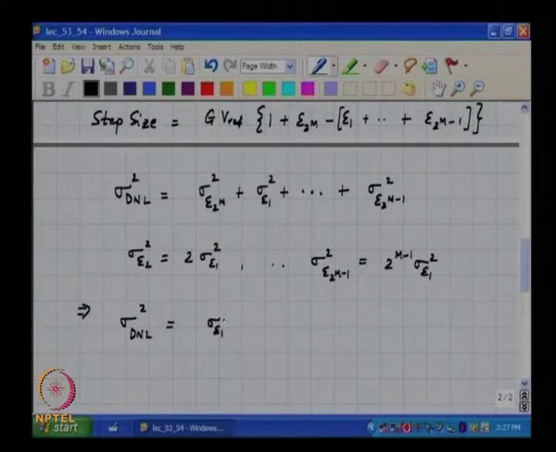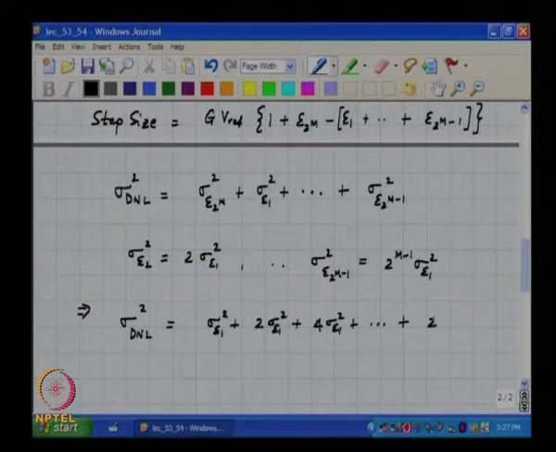So, therefore, sigma DNL square is simply sigma E1 square plus 2 sigma E1 square and so on plus 4 sigma E1 square and so on up to 2 to the m minus 1 sigma E1 square.